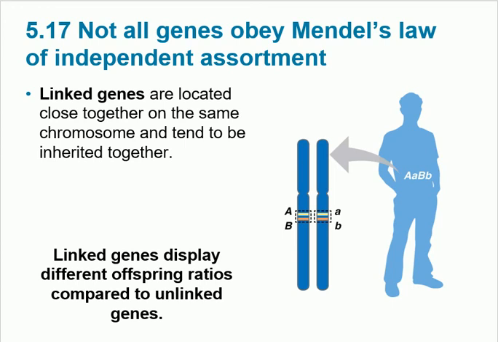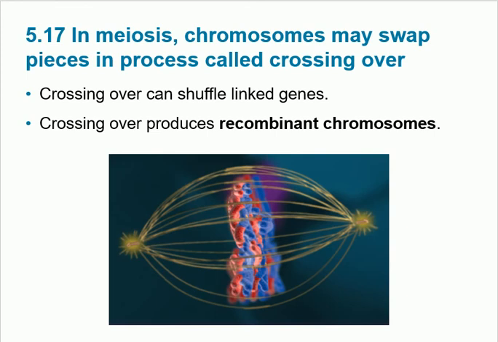When you inherit, you take both of them together. Sometimes it happens in certain genes, and we call that linked genes. This gene goes with this gene, and they do not separate, and this will change the predictions. Linked genes are genes that are close together, that you don't separate them. You inherit both of them at the same time.